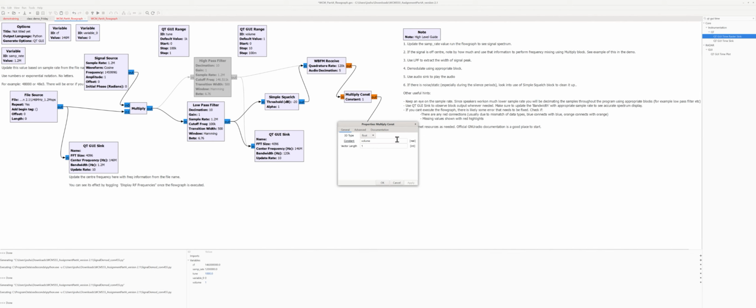The multiply constant, like I explained earlier, gives us the option of amplifying the signal, and the factor for this amplification can be seen in the variable defined here.